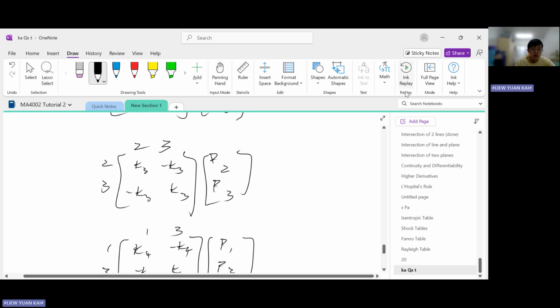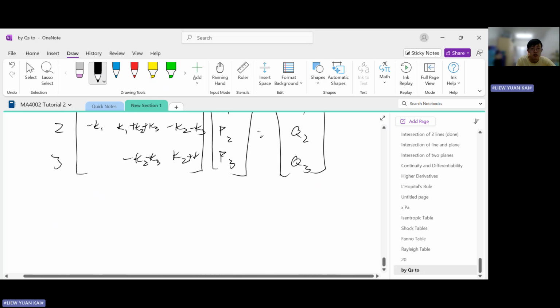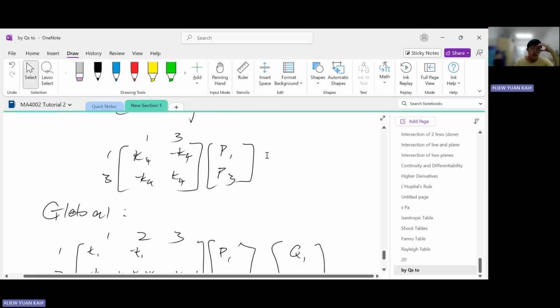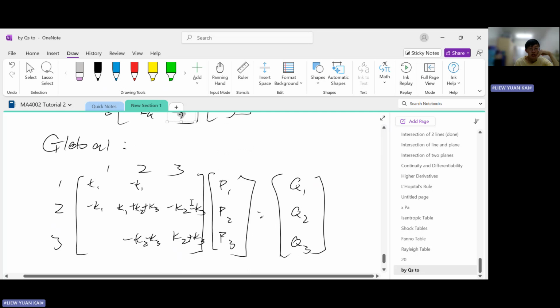So yeah, K3 minus K3 minus K3 and then plus K3. Then finally, element 4 says row 1, row 3, column 1 and column 3 has K4 terms.